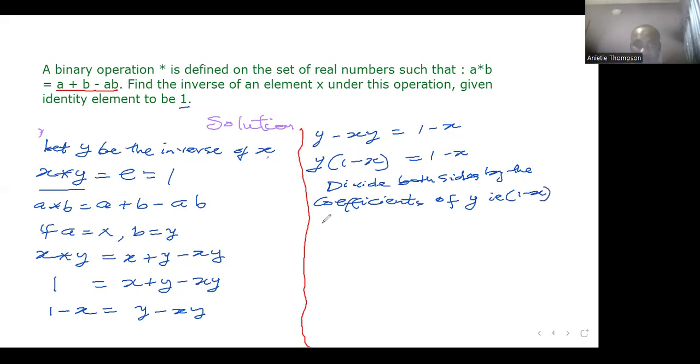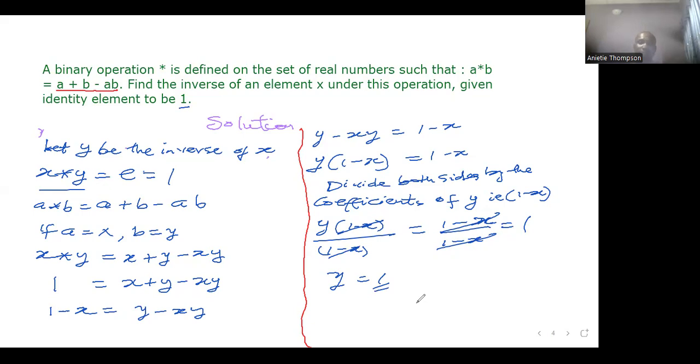If you do that, you have y into 1 minus x divided by 1 minus x. Then on the right-hand side, you still have 1 minus x divided by 1 minus x. 1 minus x here cancels 1 minus x, and 1 minus x here cancels 1 minus x. How many times? One time. That means y is equal to 1.